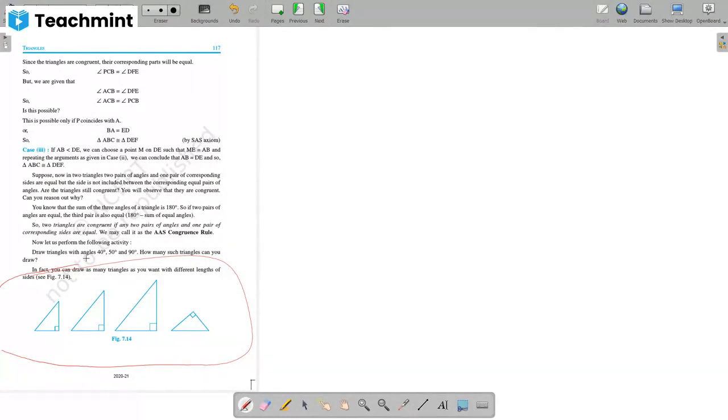I'll take an example from my side. Suppose we are given two triangles, A, B, C, and P, Q, R.